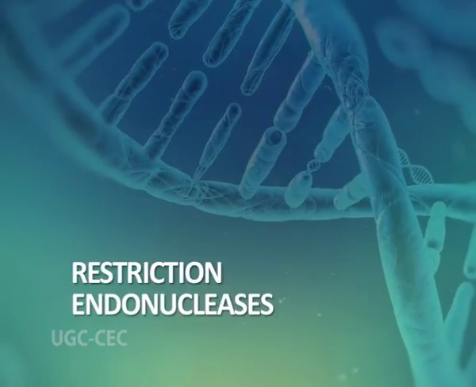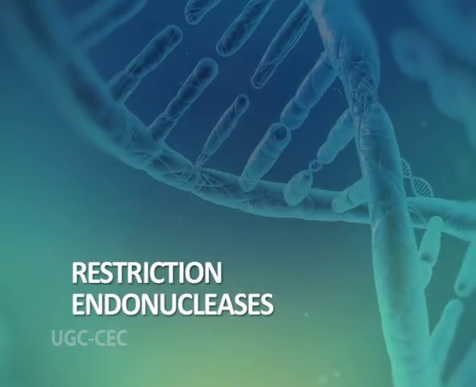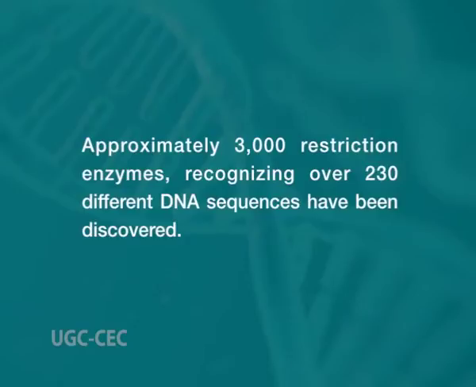In order to generate this genomic library, we need the enzymes called restriction endonucleases. Restriction enzymes recognize short DNA sequences and cleave double-stranded DNA at specific sites within or adjacent to these sequences. Approximately 3,000 restriction enzymes recognizing over 230 different DNA sequences have been discovered.